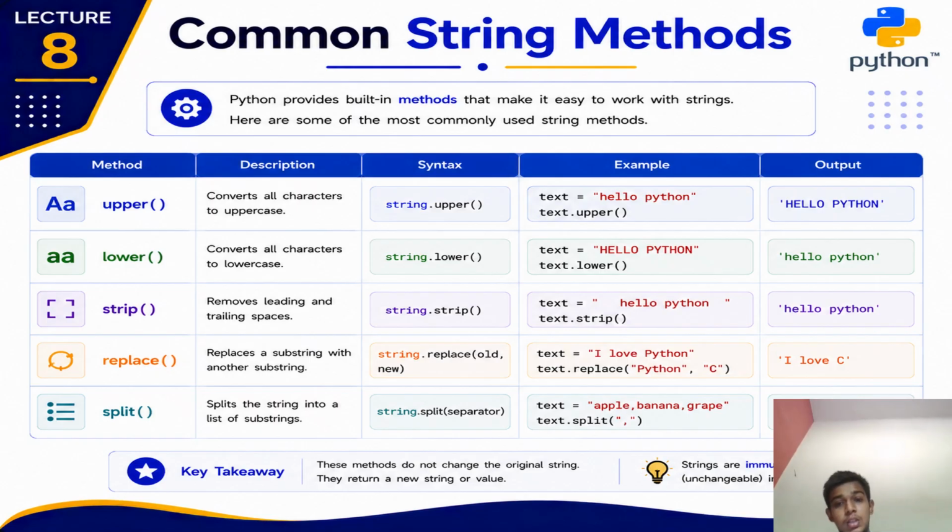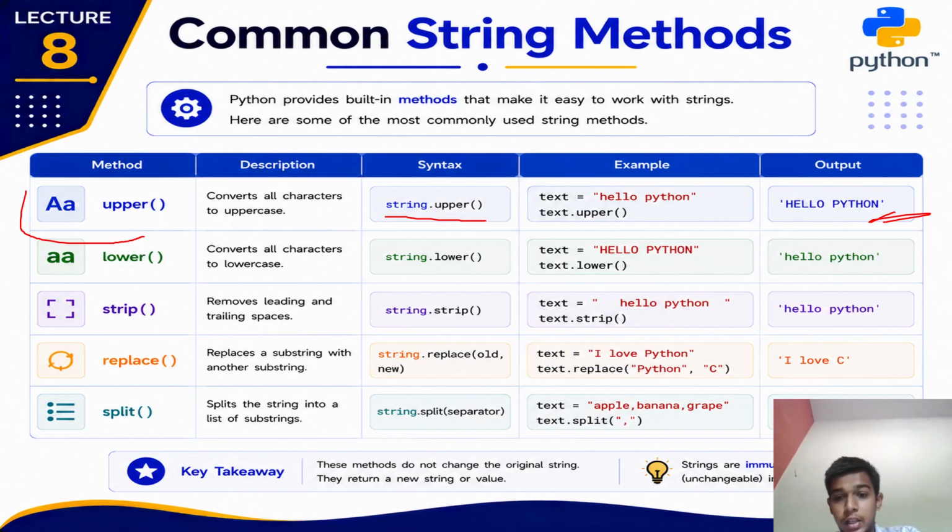So, the first one is the upper method. This method converts all lowercase letters into uppercase letters. So you can see the syntax for this. For example, if you write a text, hello Python, now text dot upper, then all the lowercase letters are converted into uppercase letters.